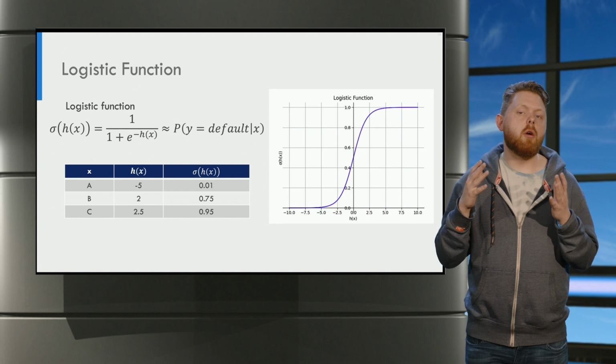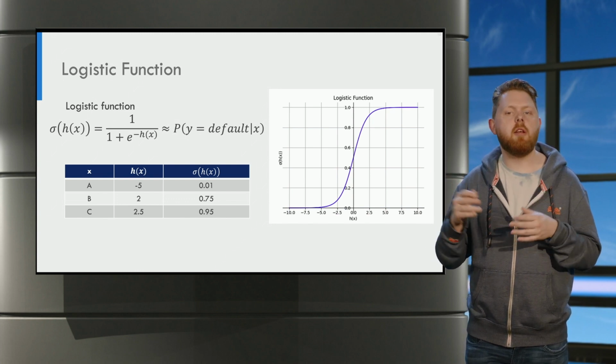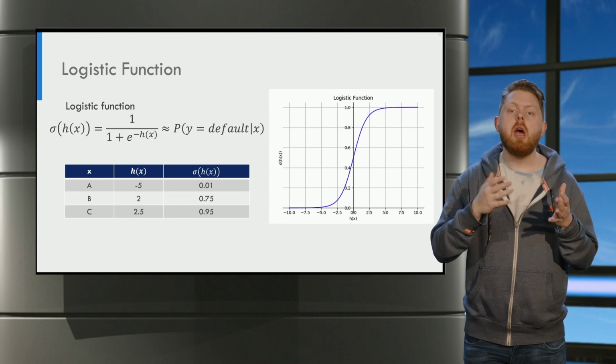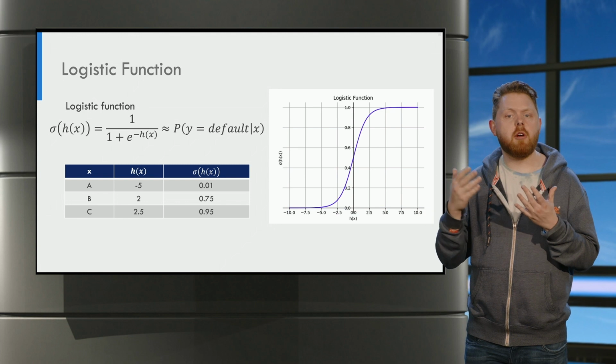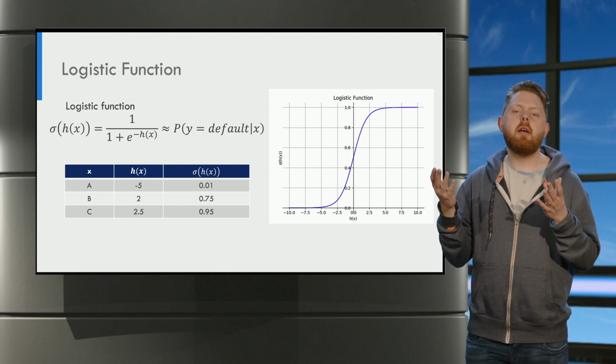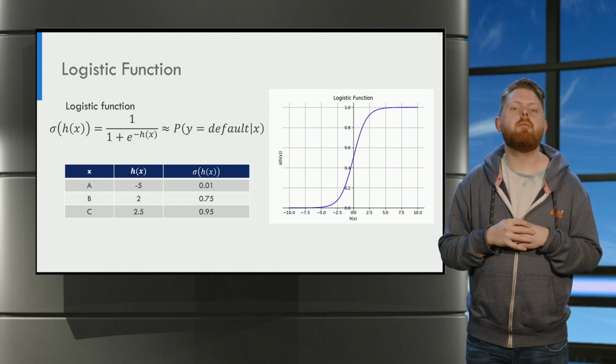So this is how we're going to turn numbers of our linear model into probabilities. We take the predictions of our linear model and put them into the logistic function to get the probability. The idea is that this should approximate the posterior probability.